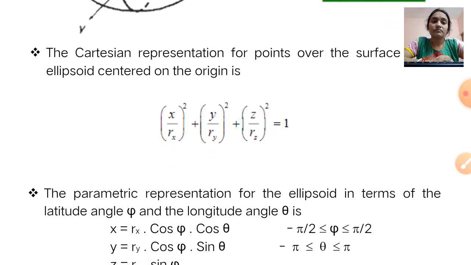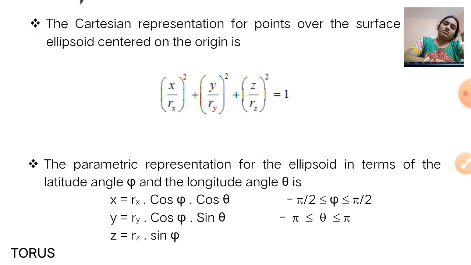In parametric representation, in terms of the latitude angle phi and longitude angle theta, x equals rx cos phi cos theta, y equals ry cos phi sin theta, and z equals rz sin phi.